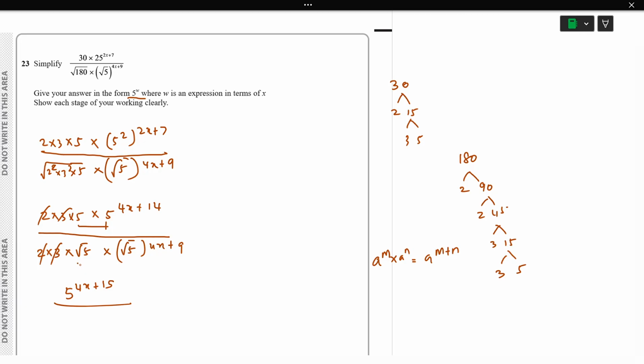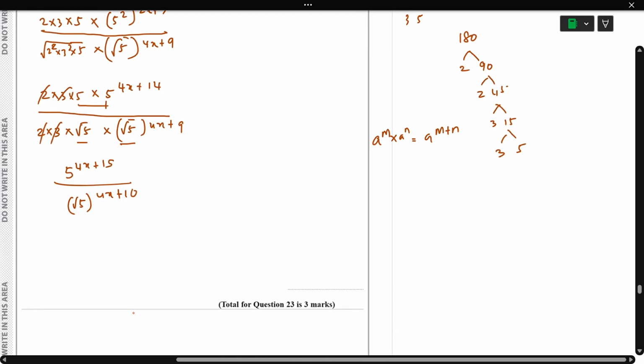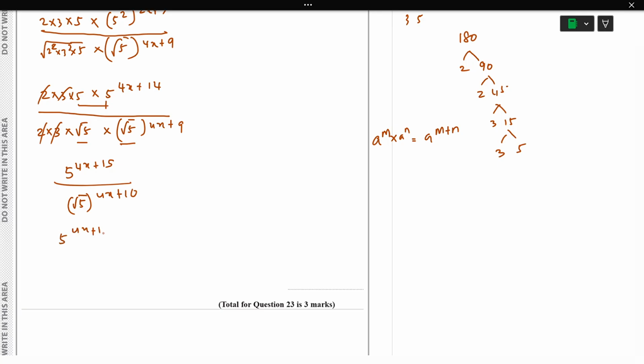Next, the denominator: here is a root 5 and here also root 5, so I can add 1 here, which is square root of 5 whole power 4x plus 10. Okay, the numerator is only 5 power 4x plus 15, and the denominator has the square root of 5, so I need to remove the square root. The square root I'll take as power 1 by 2.